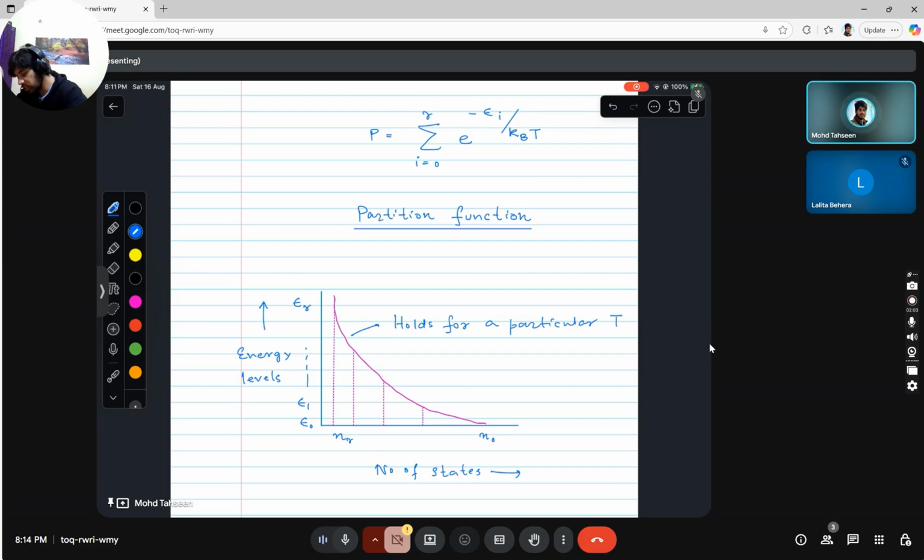So if you change T, let's say there is some other temperature now, this plot will change, something like this. This will be at T2 and this will be at T1.